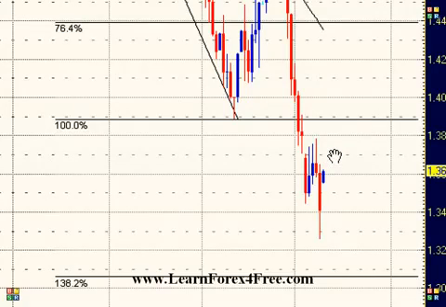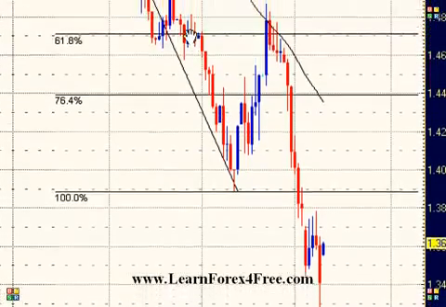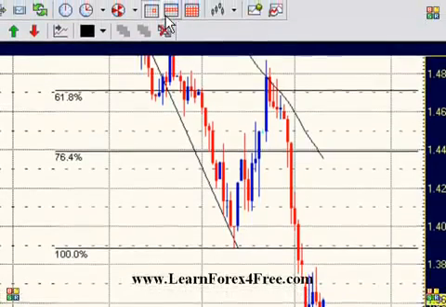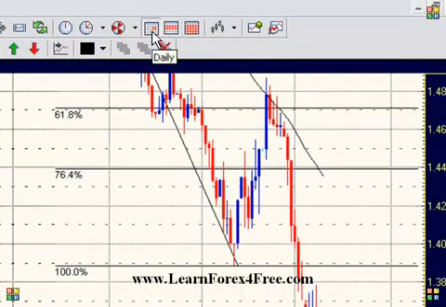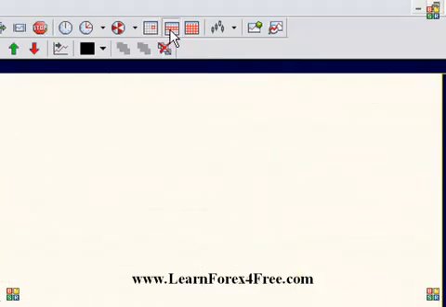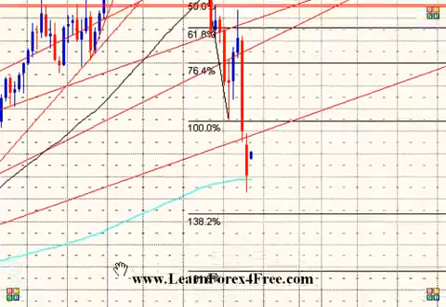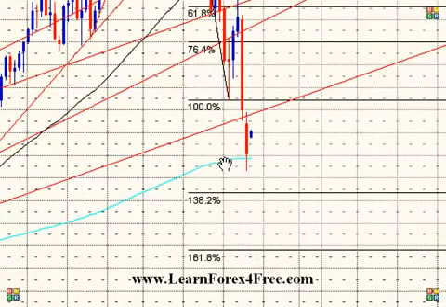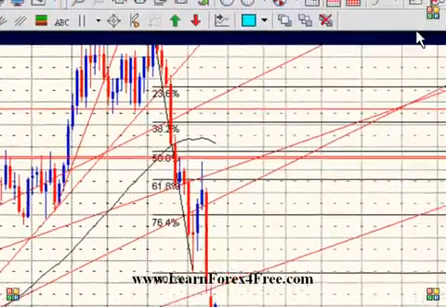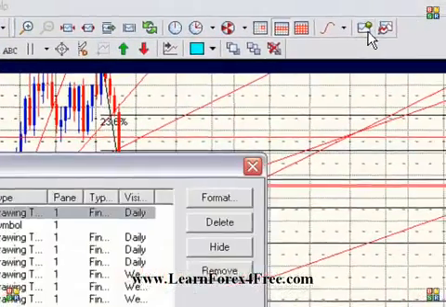Let's switch to a slightly larger time frame. This is the daily chart. Here is the weekly chart. If I click it and convert it to a weekly chart, voila, what do we find here? This is a moving average. Let me show you what moving average that is.